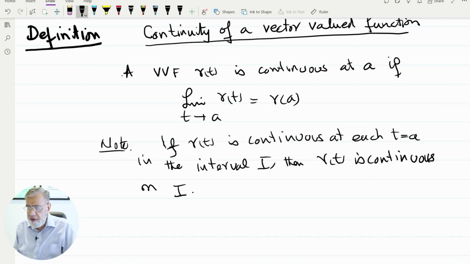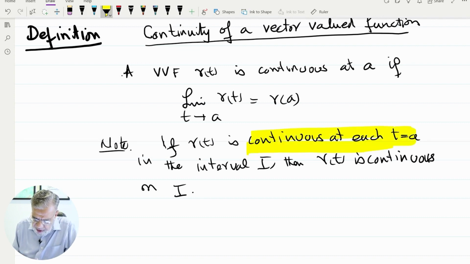If it is continuous at each point a, then it's continuous on the interval. So that's the idea we have here.